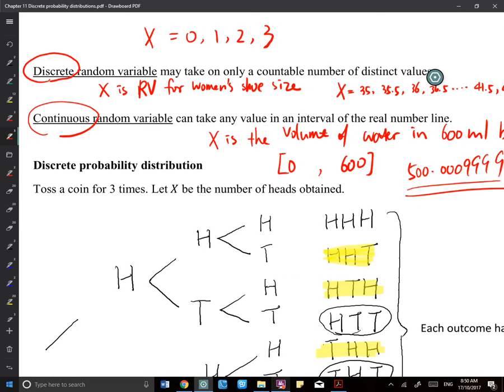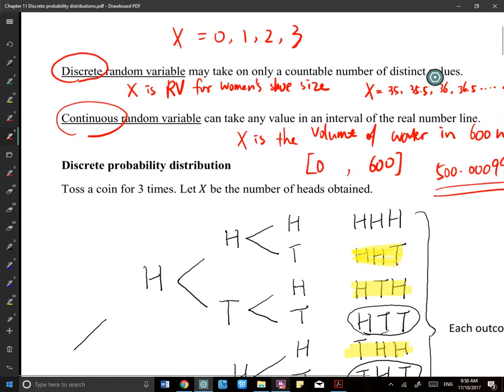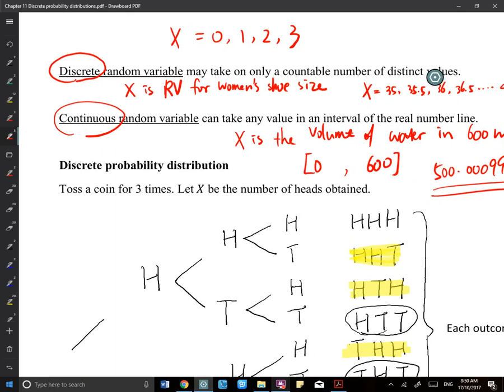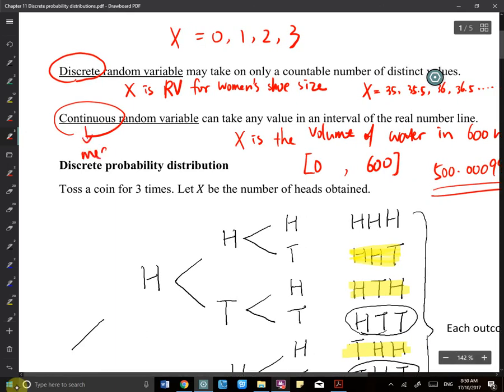Continuous means you can take any value from a period, from a domain. So this domain is 0 to 600, because no water at all and full bottle is 600 ml. Any value in between is possible. Normally, continuous random variables are measurement values. What are measurement values?